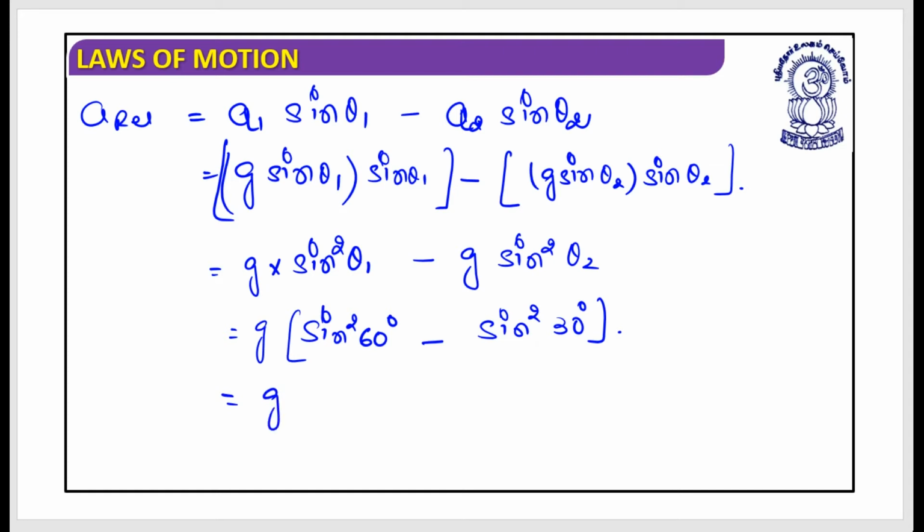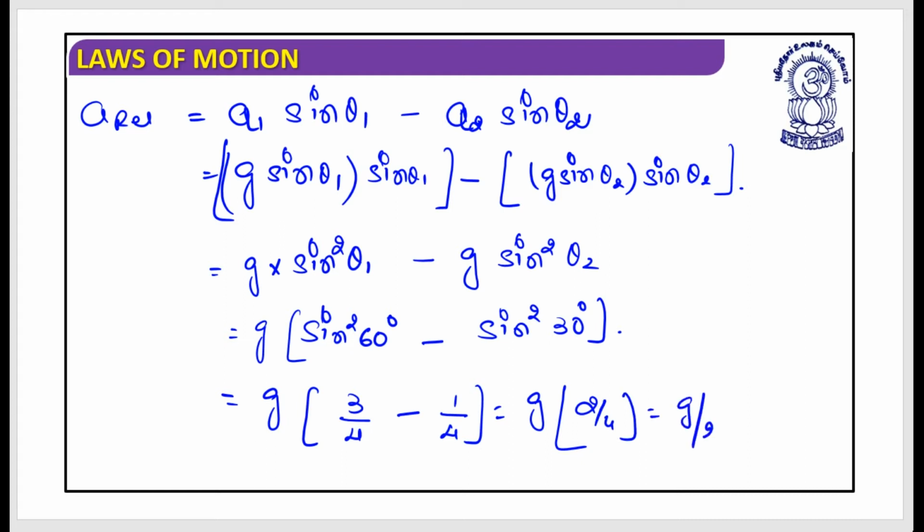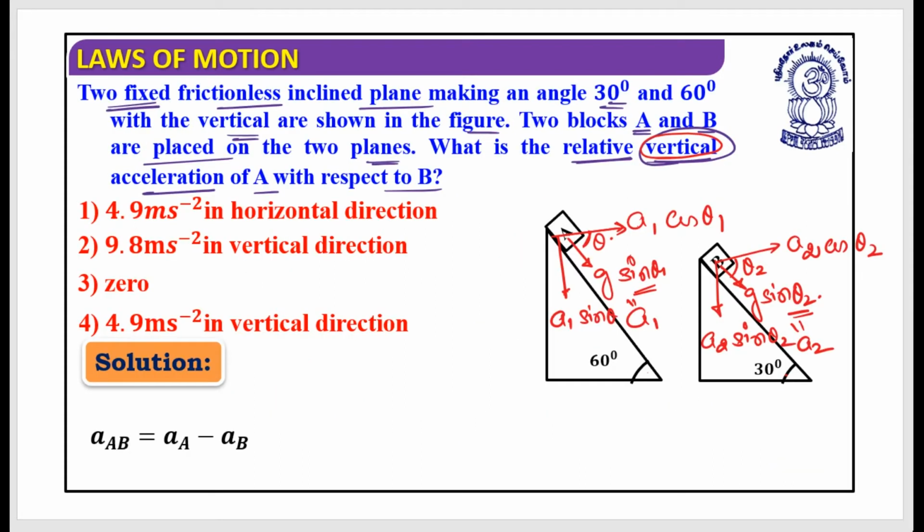Sine 60 is root 3 by 2; squared it's 3 by 4, minus sine square 30, which is 1 by 4. So this is g into 3 by 4 minus 1 by 4, which is 2 by 4, which is g by 2. With g as 9.8, that is 4.9 in the vertical direction. Yes, this could be the answer.